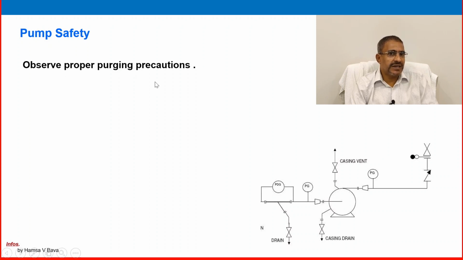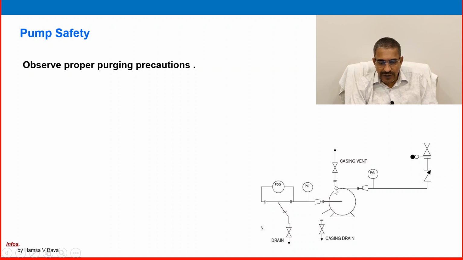I remember in the previous class I also pointed out purging, venting and priming, because liquid or air trapped inside the casing has to be removed. Only then is the pump filled with the pumping liquid, and then we can pump. Look at this picture: a casing vent and a casing drain are there.